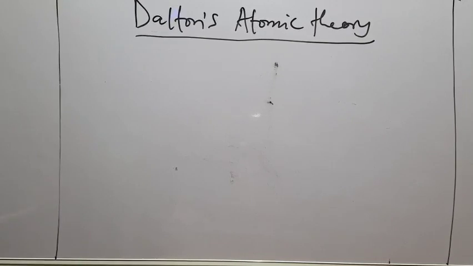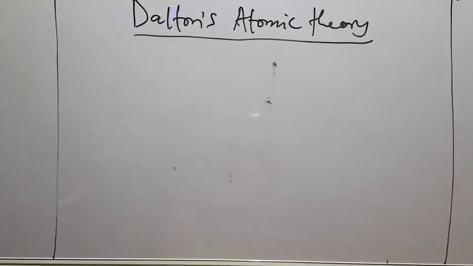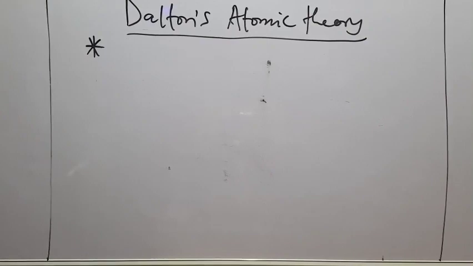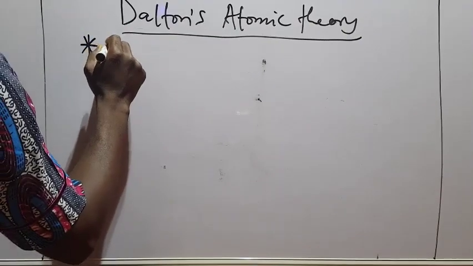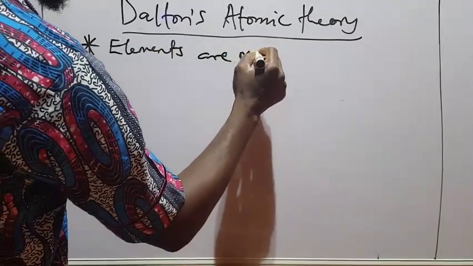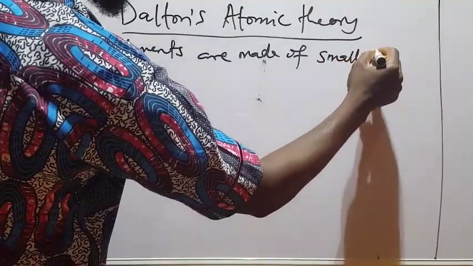Okay, let's look at the foundational atomic theory, which was founded by John Dalton in 1808. This does not apply practically today, but of course, it still forms the basis of what the modern atomic theory is based upon. All elements are made up of a smallest indivisible particle called an atom.